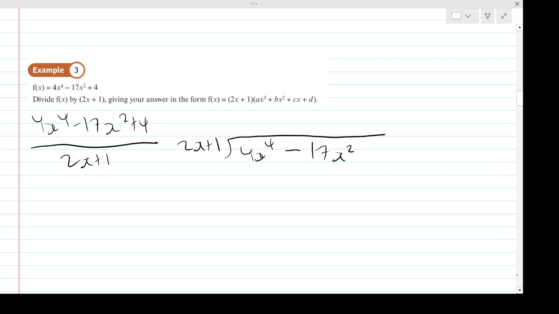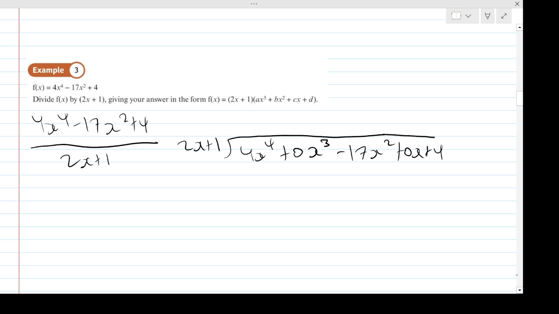However, there's no x cubed term. It is very, very helpful actually to include all the terms, even if there's 0. Okay, so there's no x cubed term, which means we can write this as 0x cubed, right? And then we say minus 17x squared, and then there's no x term either, so we can say it's plus 0x plus a 4.